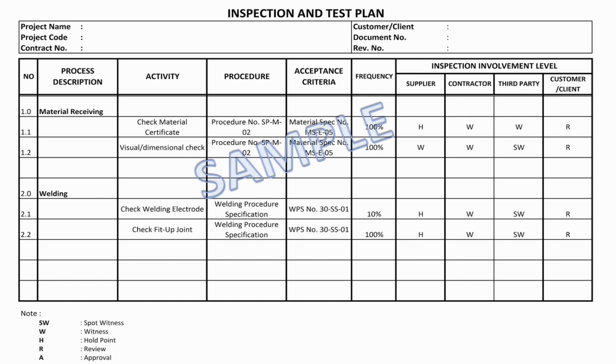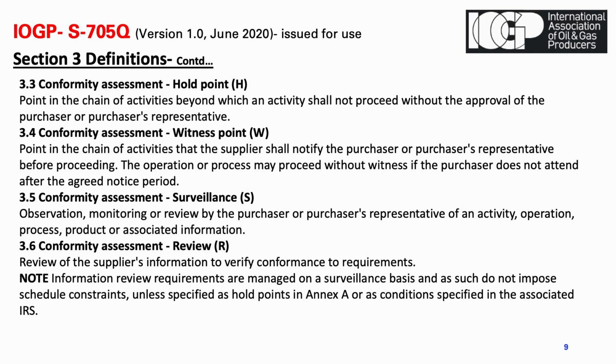And review is the final one: supplier's information to verify conformance to the requirement. So information review requirements are managed on a surveillance basis and as such do not impose schedule constraints unless specified as hold point in Annex A or as conditions specified in the associated IRS.